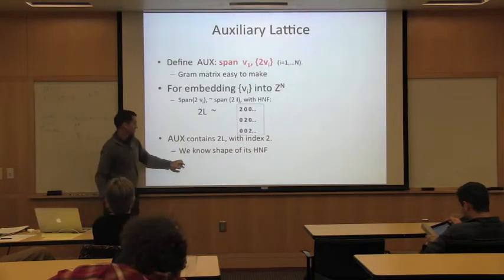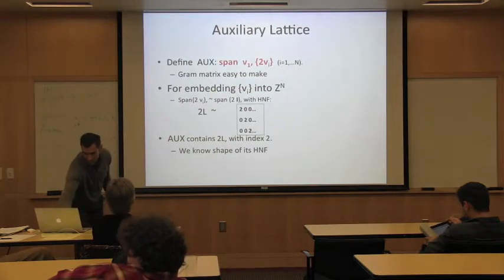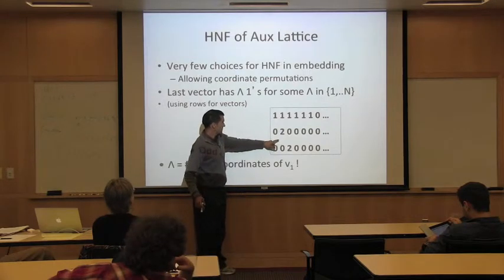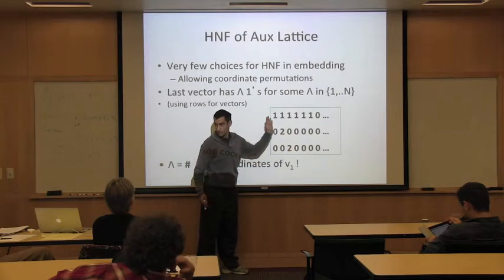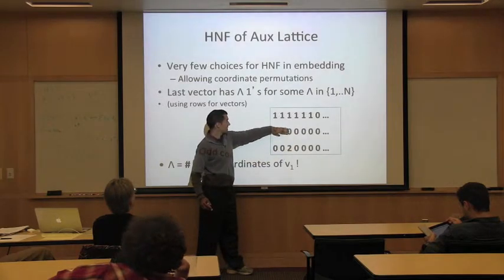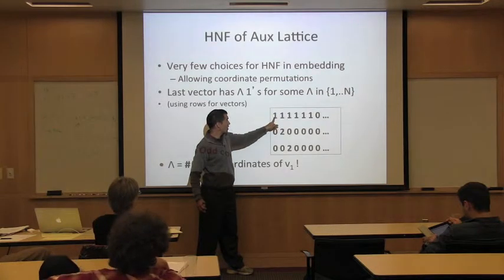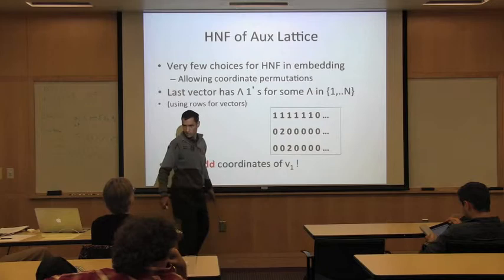Its Hermite normal form has got to look like something like one of these in the row convention, because there's all these 2's. Those are in the lattice, and so you can subtract all those 2's off of here. So it's just V1 is going to look like some number of 1's and some number of 0's.